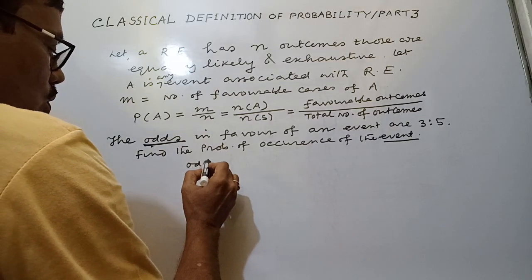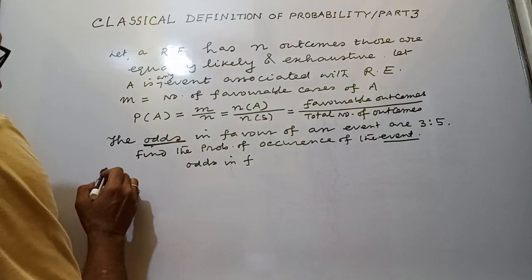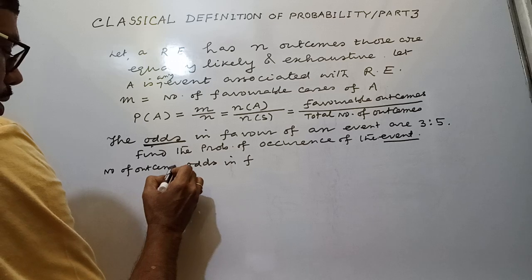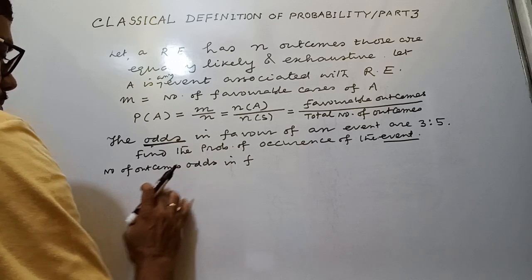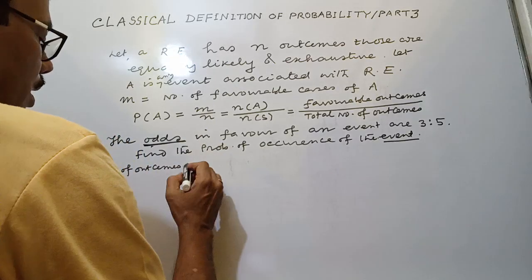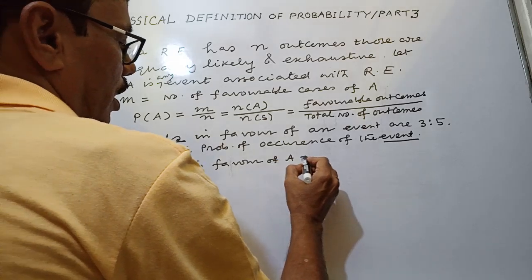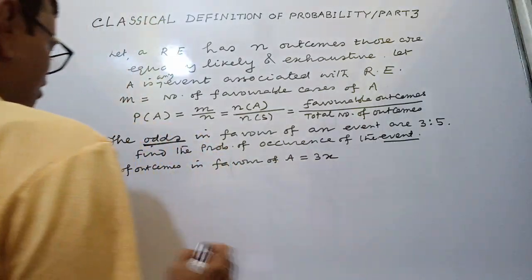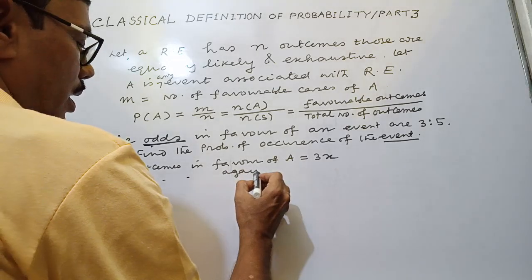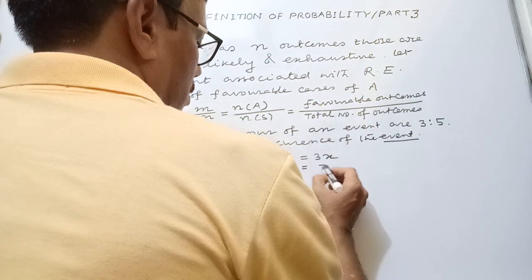The number of outcomes in favor of A equals 3x. The number of outcomes against A, that is A bar, is 5x.